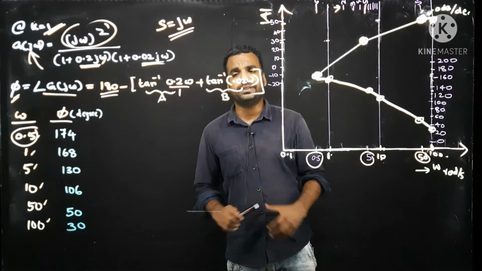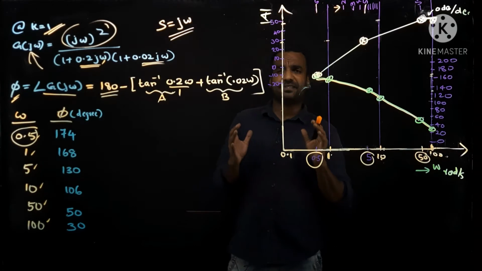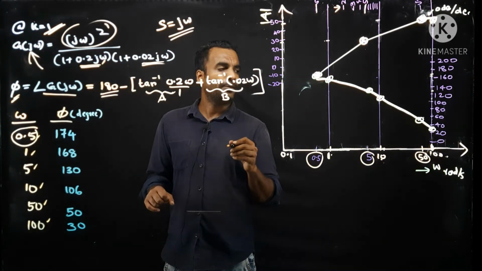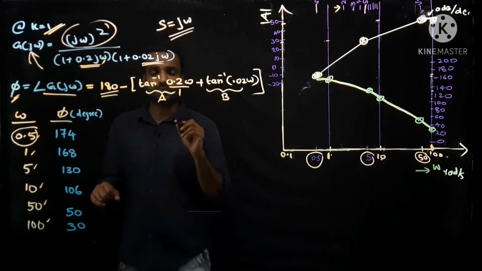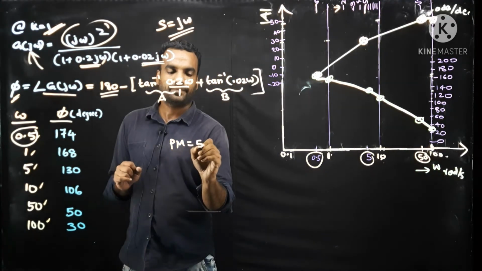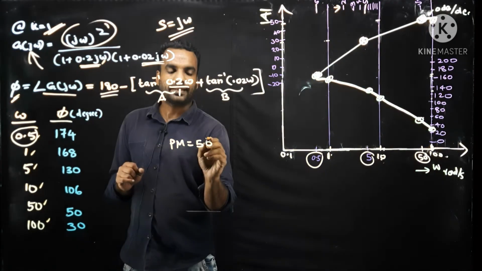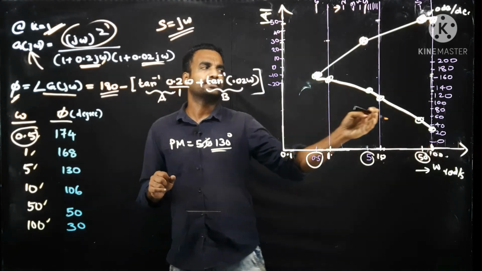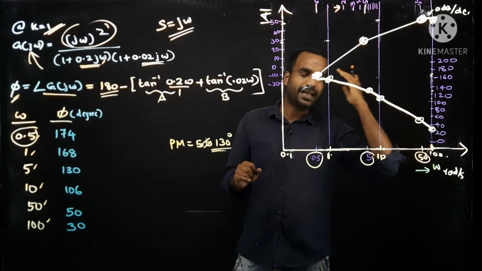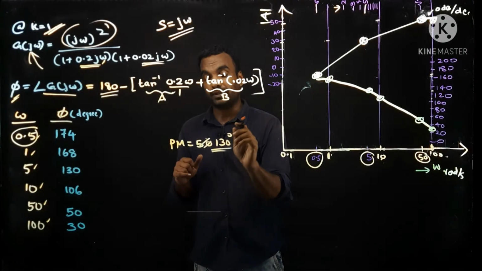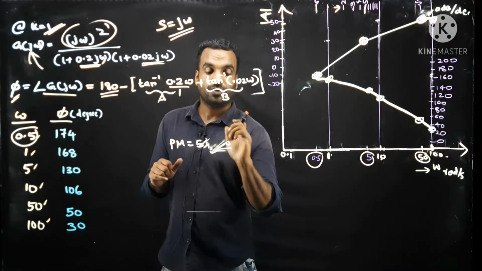Now in our question, a specific value of phase margin is given. I suggest you to make a small correction in the question. In question, phase margin was given as 50. You please correct that as 130 because while I was framing the question, some axis mistake happened in my mind. Not 130. Okay.